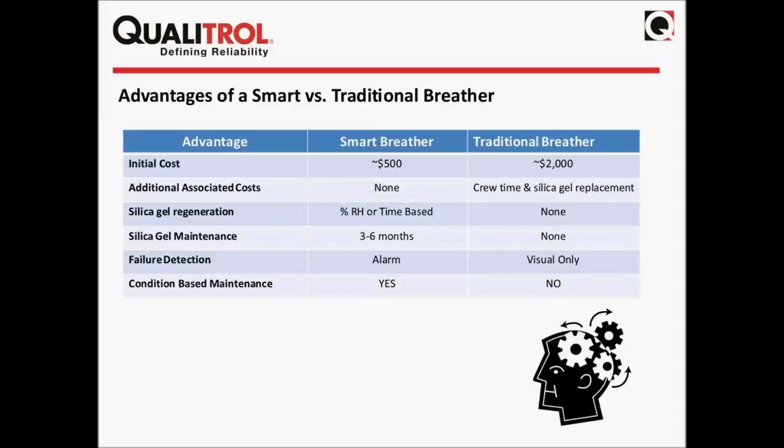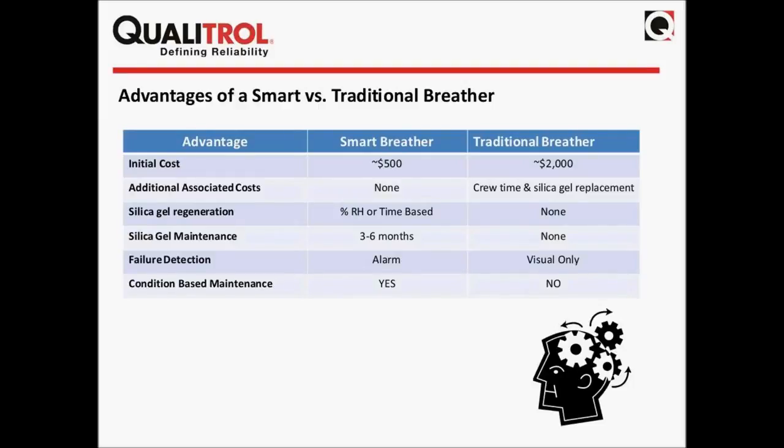So a traditional breather is slightly less in cost than a smart breather, but again, you have to send the crew out, you have to replace the desiccant, so there is additional cost later, which is the additional associated costs. So with a smart breather, there is no additional cost. With a traditional breather, again, you have crew time and silica gel replacement.